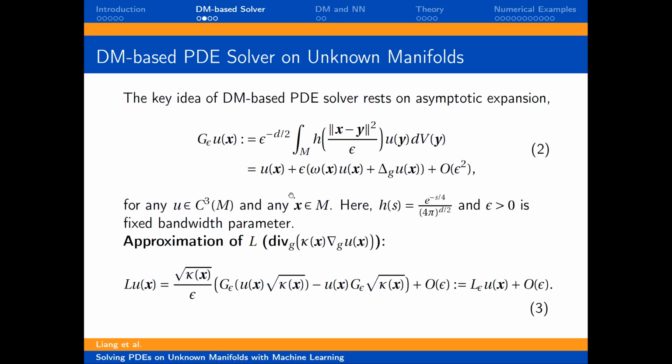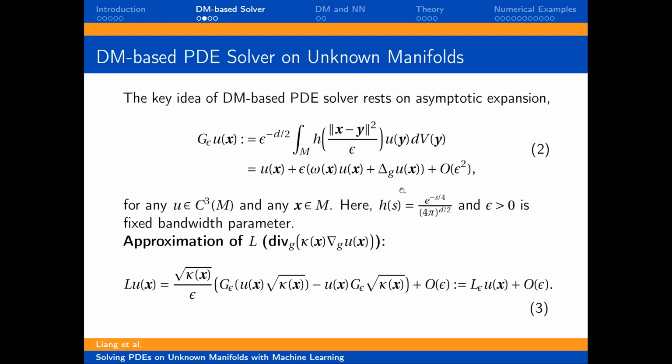In the second equation, we have the asymptotic expansion, and the second term involves a second order derivative.